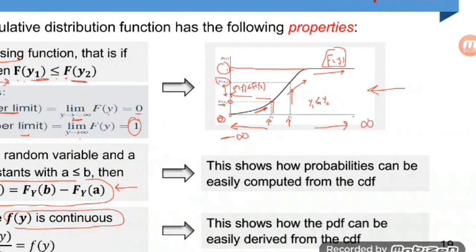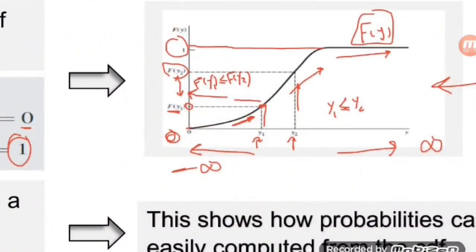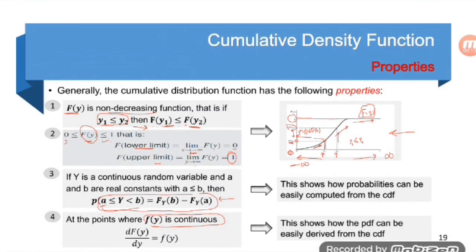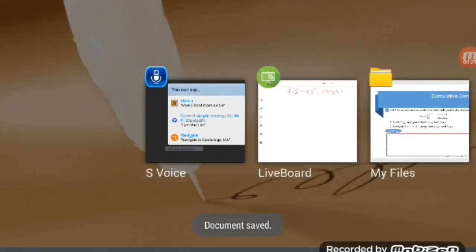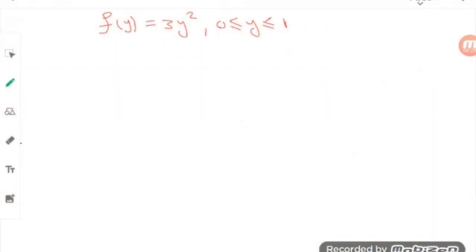Now move to solving some exercises over the cumulative distribution function. Move to exercise number 1. We have a certain PDF of this form, and we need first to find the cumulative distribution function of this PDF. Here is the exercise now.